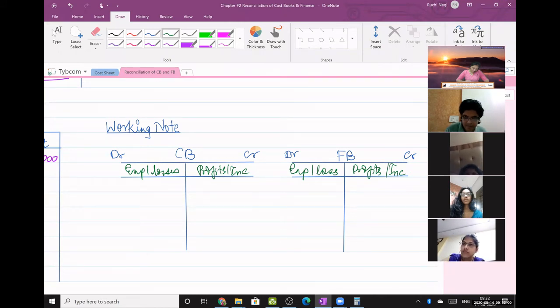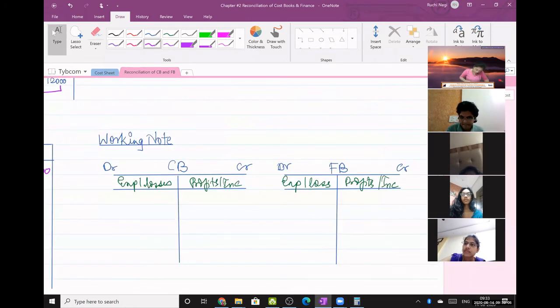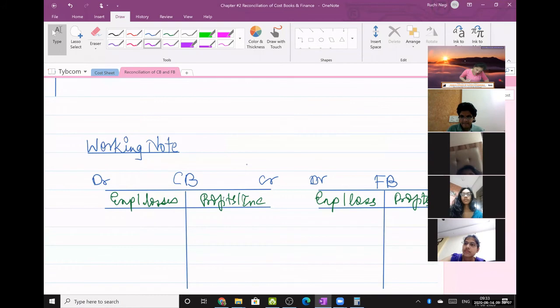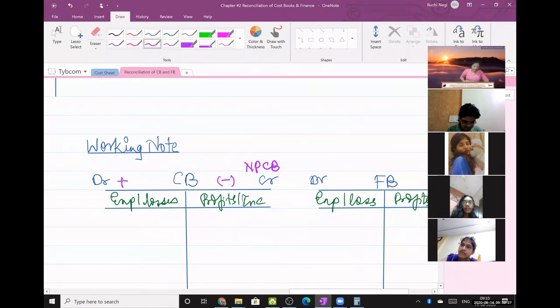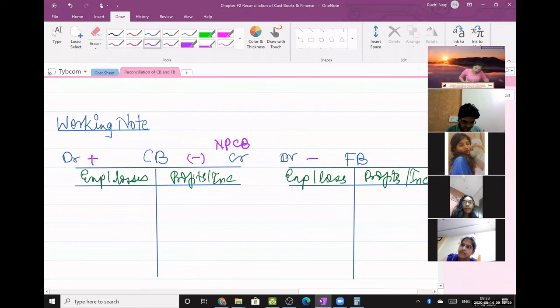What does the question say? Net profit as per cost books. So it's here, on the profit side. Give this sign and start with a minus sign from here, from where the balance starts. Plus sign here and the opposite sign in the other book.